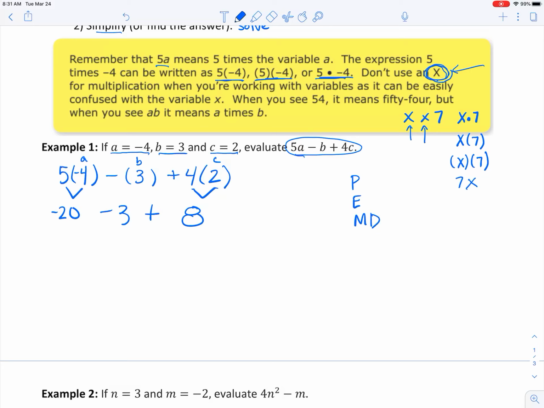Multiplication and division goes from left to right, and addition and subtraction also goes from left to right. So we've got a subtraction in here and we've got an addition, so we're just going to go from left to right. So we have -20 minus 3 is -23, and then -23 plus 8 is -15. So that would be my answer to this expression.